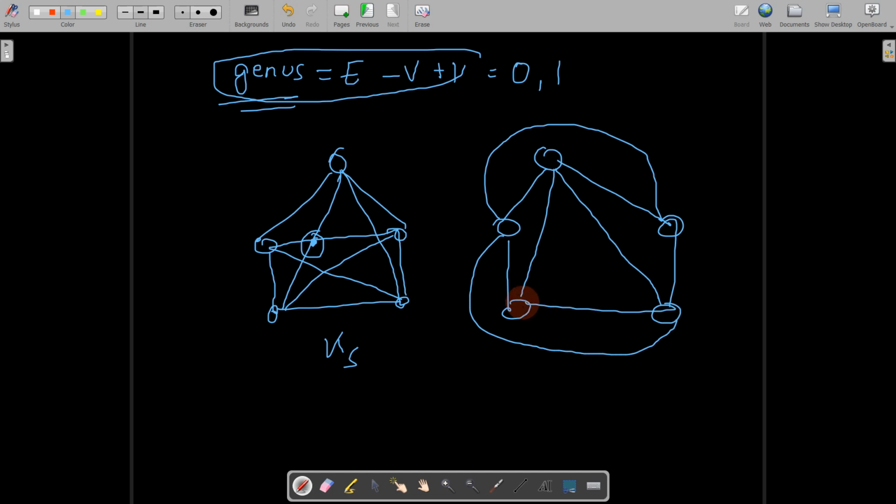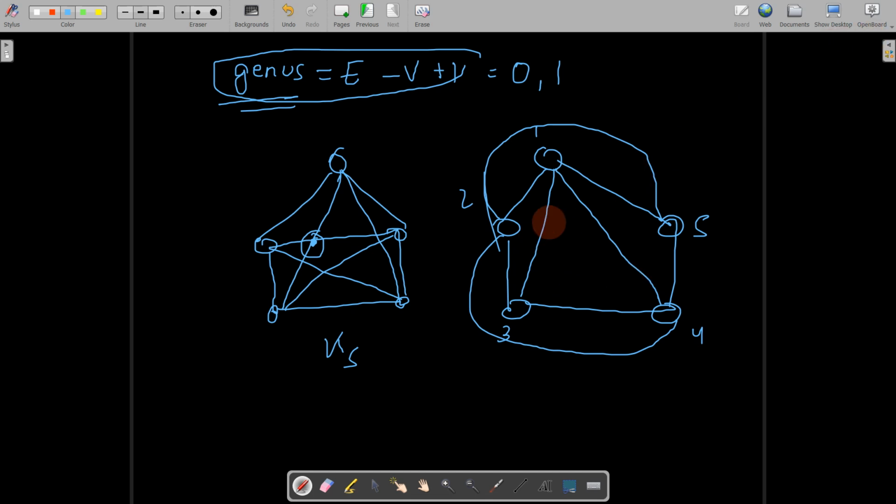But see, now I have to make two more edges for this third vertex. If I want to join it like this, it will cross this 1 4 edge, so that is not allowed. So on a plain sheet of paper I cannot do this, because if I try to make it from outside, that also will intersect with this 2 4 edge.